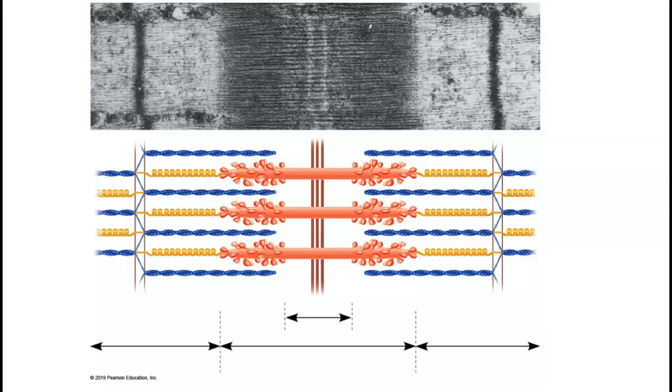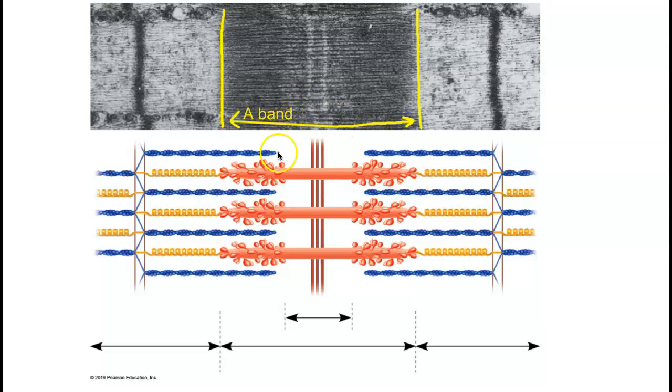Let's take one last look at this banding pattern. Across the top is an electron micrograph, an actual photograph of skeletal muscle, and it's aligned with a diagram of the sarcomere. We see that where the thick filaments are located, in between my yellow lines, we would call this entire distance the A band. So all of this is the A band.